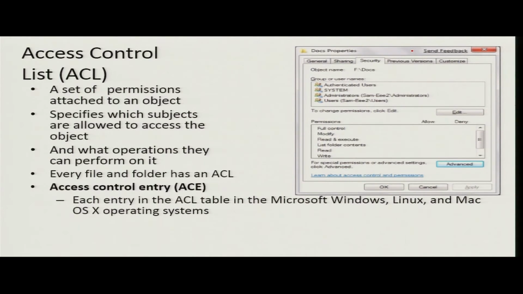So, it is basically group or username. You can give access to groups or to specific users, and it also tells you, if you click on them, what kind of permissions they have. And this entry in the access control list is called an ACE, or access control entry.